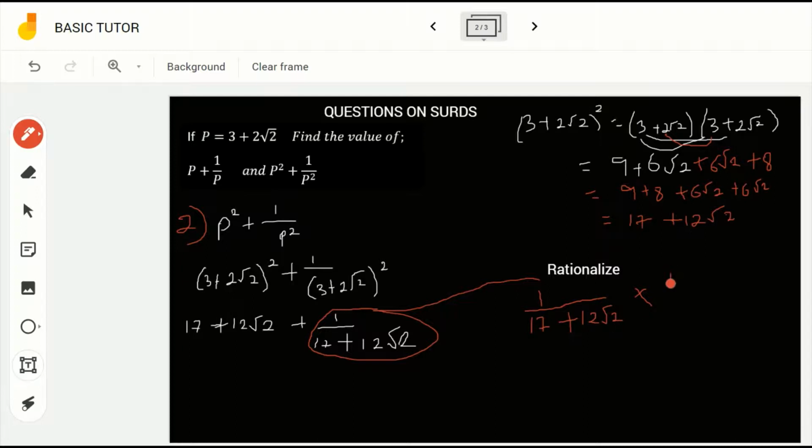So it becomes 17 minus 12 root 2 over 17 minus 12 root 2.